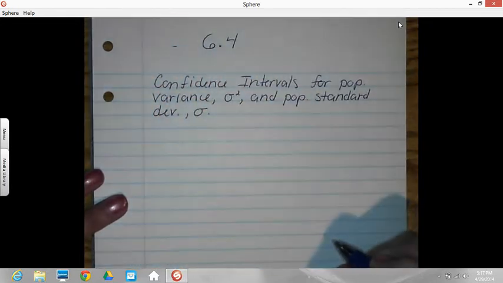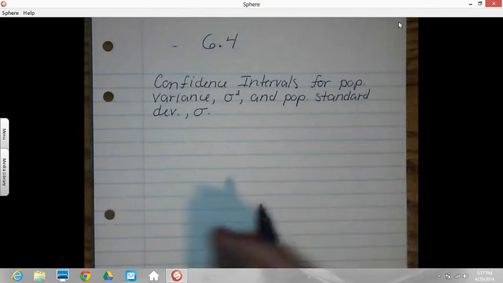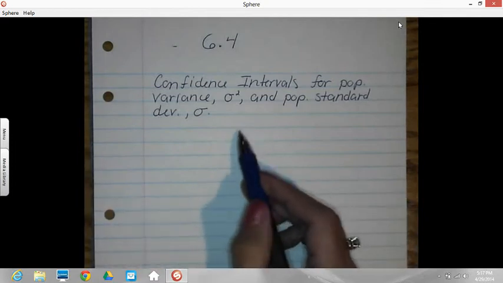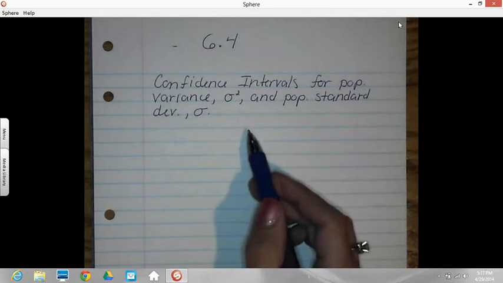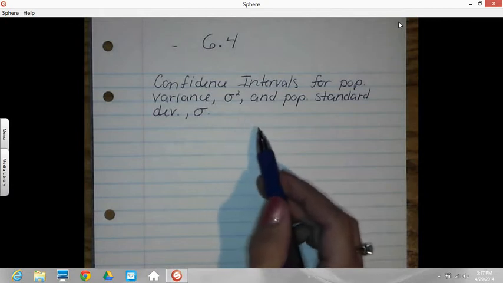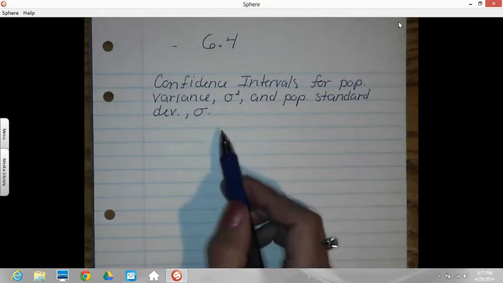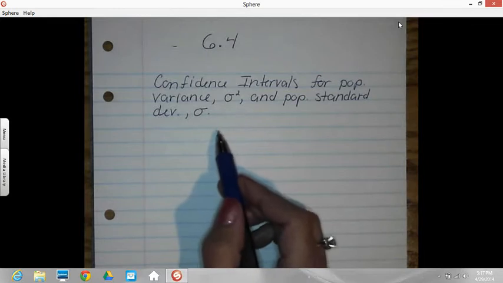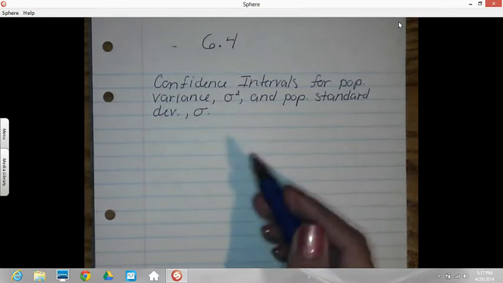Okay, so we're talking about maybe making pills for medicine, and when you make the pill, you want your machine to have very little variance in it. You want those pills to be as exact in weight with each other as it possibly can. So you would keep measuring that.